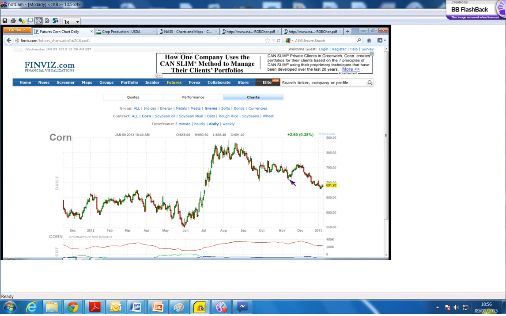Now they are beginning to discount, and this news, if it's going to be as bearish as expected, then probably the corn is going to open limit down, and it will be very hard to get into the trade.